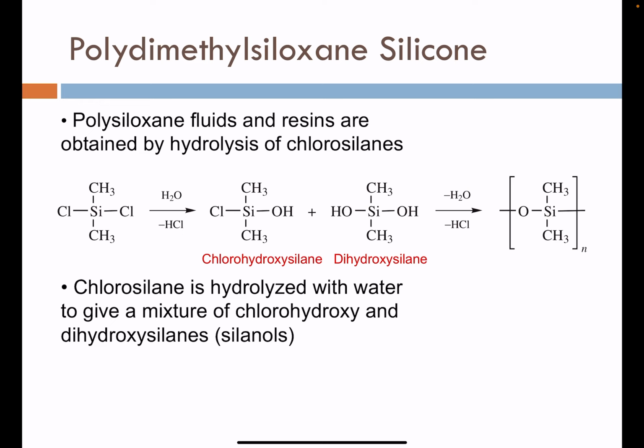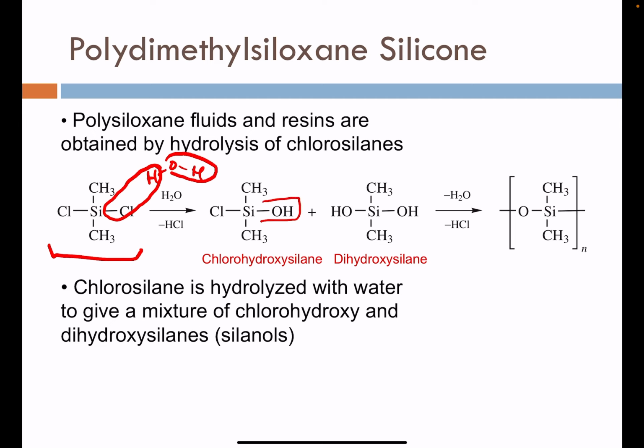So here at left, we have dichlorodimethylsilane. And if it reacts stoichiometrically with one equivalent of water, we can see that water reacts to eliminate HCl and leaves behind an OH group, shown here.